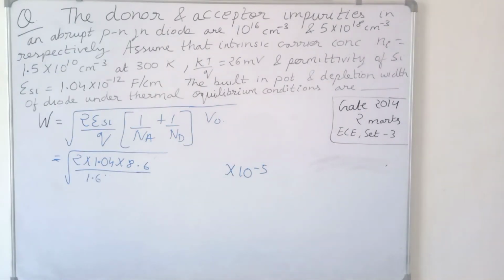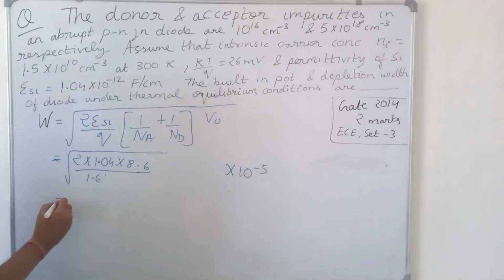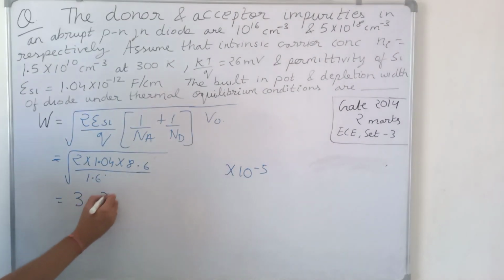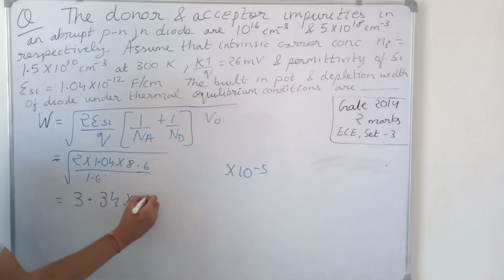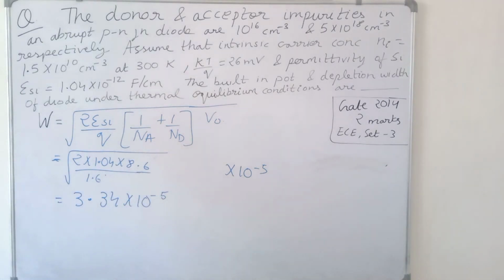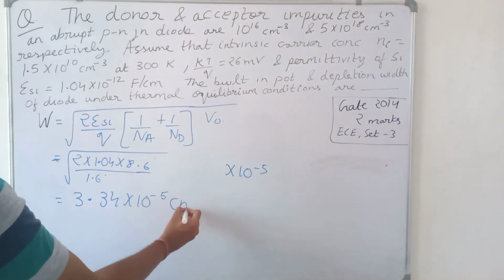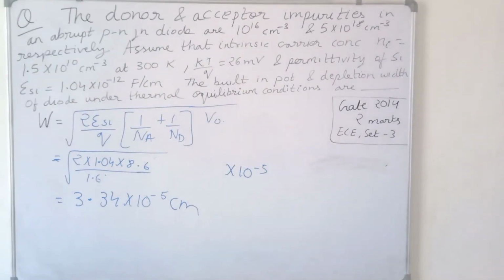We just have to multiply 2 with 1.04, multiply with 8.6, divide by 1.6 and then take the root. So this will be equal to 3.34 into 10 to power minus 5 centimeter, because all the units are in centimeter. You can see this will match your option, because this was an MCQ question, so it will match option D.